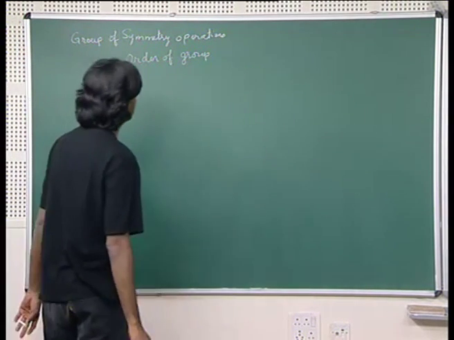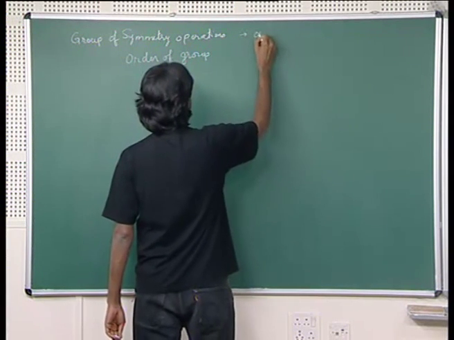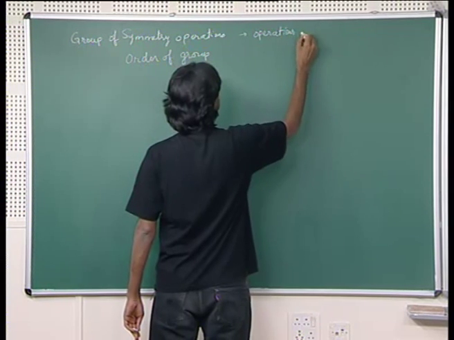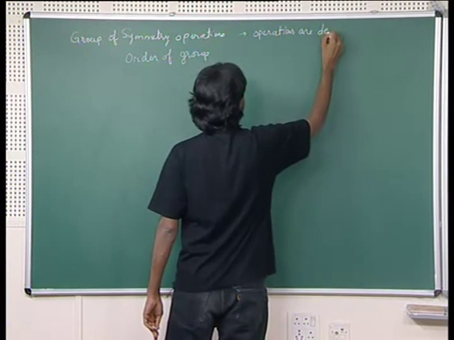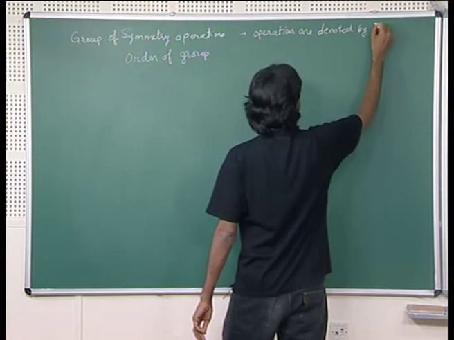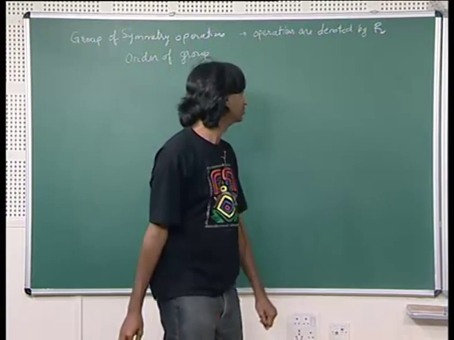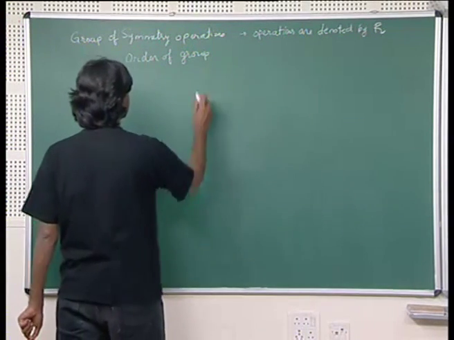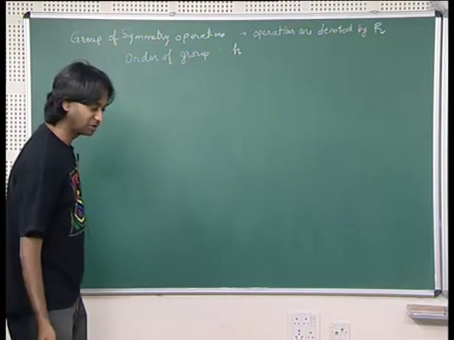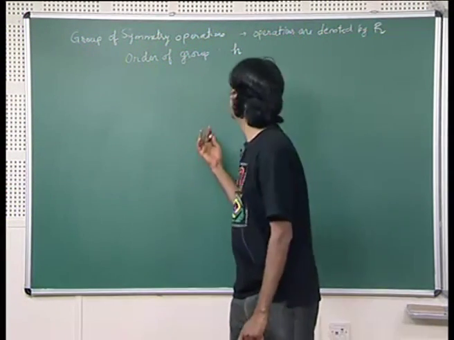The operations denoted by R. Okay. So, R can be any symmetry operation of the group. The order of the group, we will use H to denote the order of the group. So, if it is a group of order 10, then H will be 10. If it is a group of order 3, H will be 3.